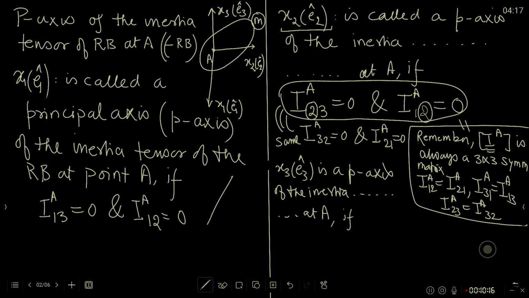I've already told you how this index is related to the condition of this axis being a P axis. So since I have 3 here, the two conditions that must be fulfilled for x3 e3 to be a principal axis are I_A31 = 0 and I_A32 = 0.